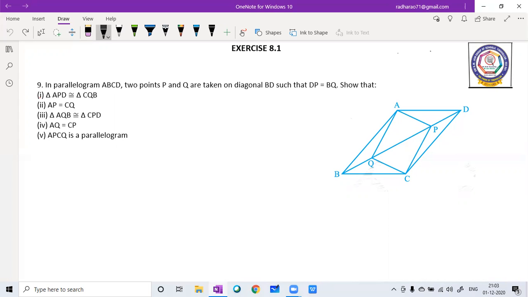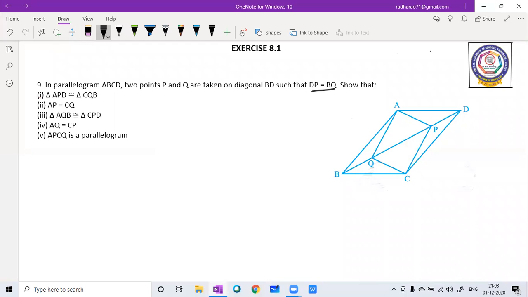You have to prove the following things. Okay, so you know in a parallelogram opposite sides will be parallel and equal. Also, when two sides are parallel and if it is cut by a transversal, alternate interior angles are equal.